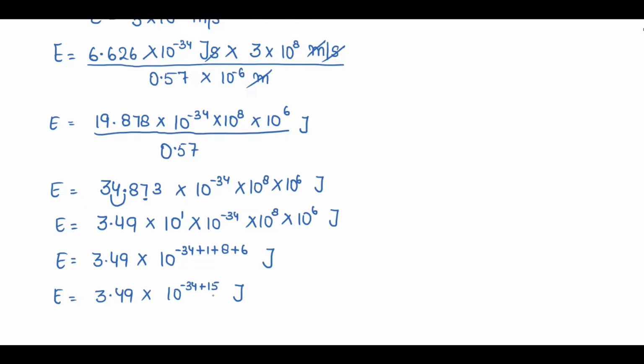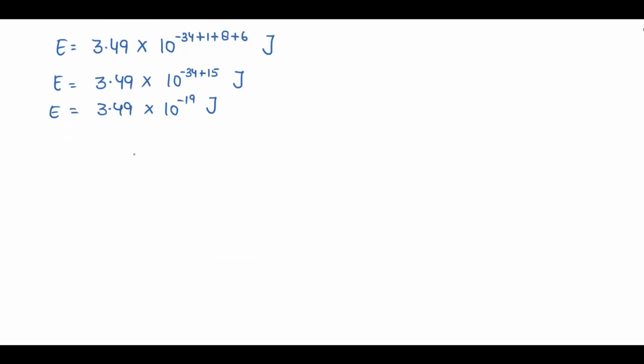Minus 34 plus 15, it should be 3.49 into 10 raised to power minus 19 joule. So this is energy of one photon. Now we will apply unitary method and find the number of photons that are emitting per second, right?